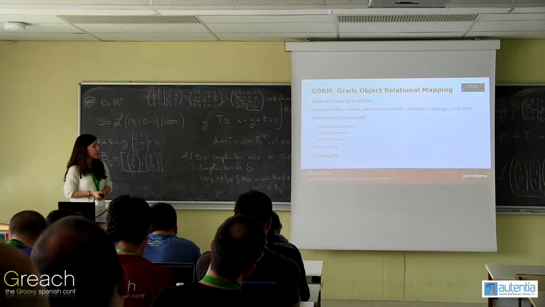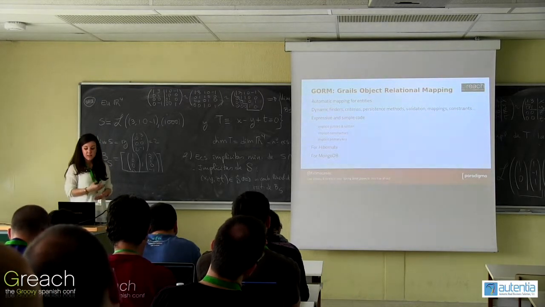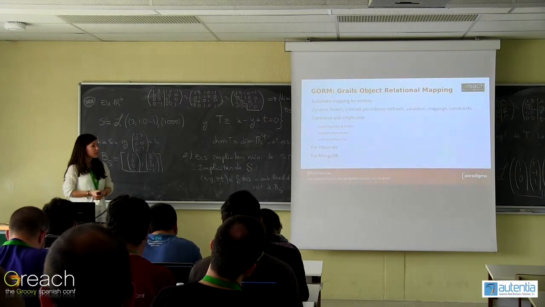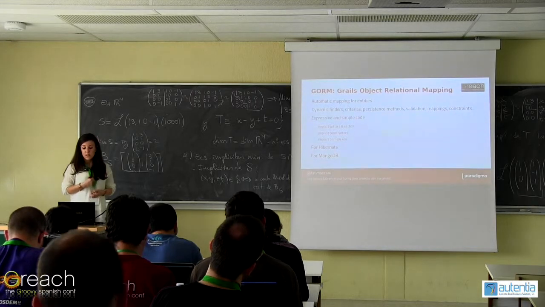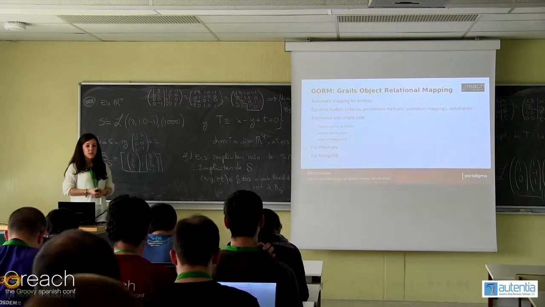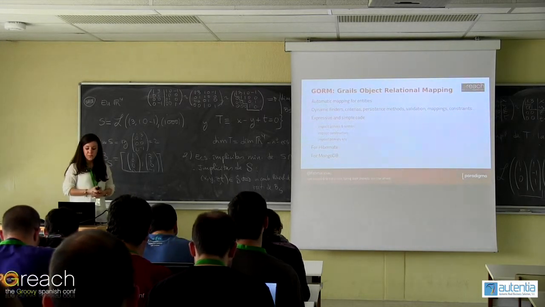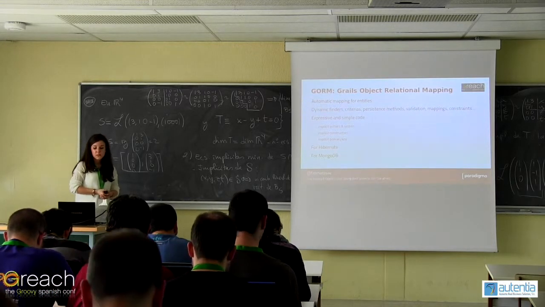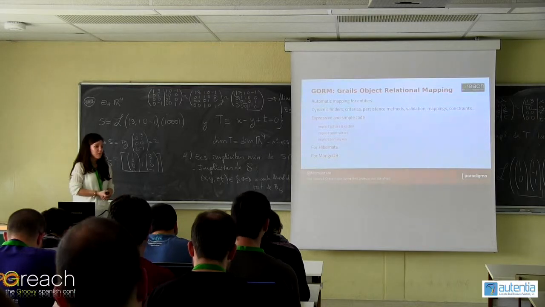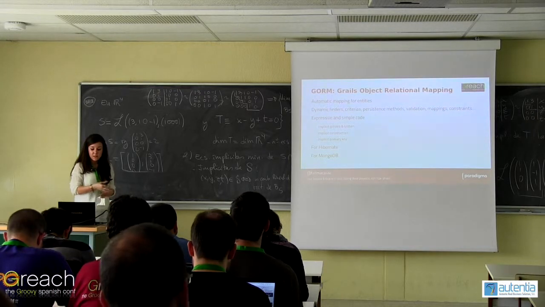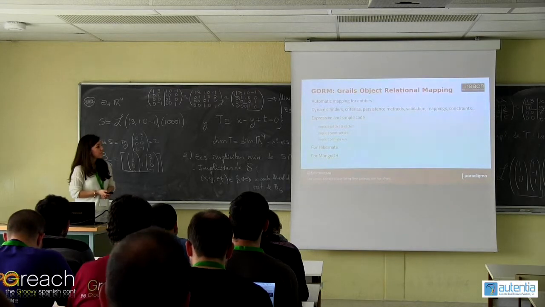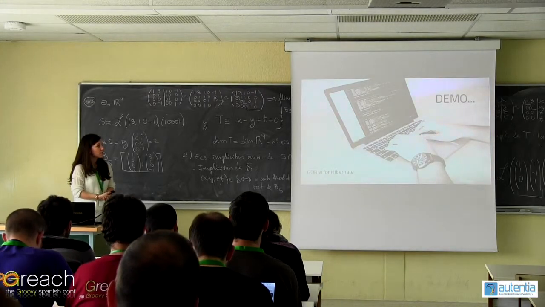With GORM, we can map the entities automatically, and we have dynamic finders and criteria, persistent methods, validations, and more. And we don't need to implement methods such as getters and setters, constructors, or specify the primary key. So with these features, our code is even simpler. We are going to see an example.